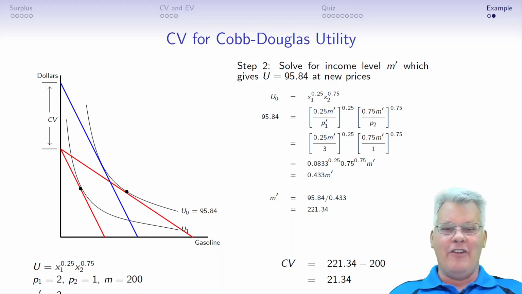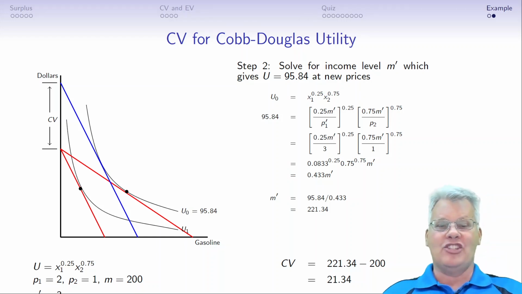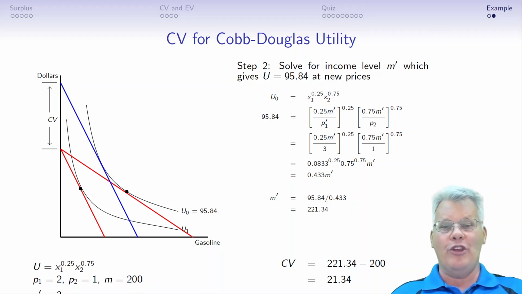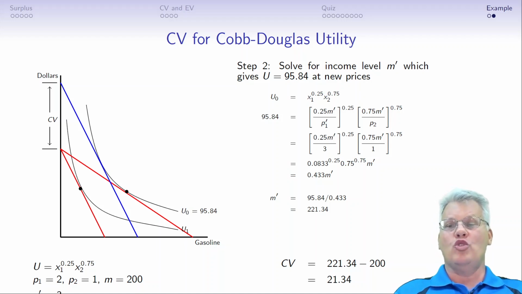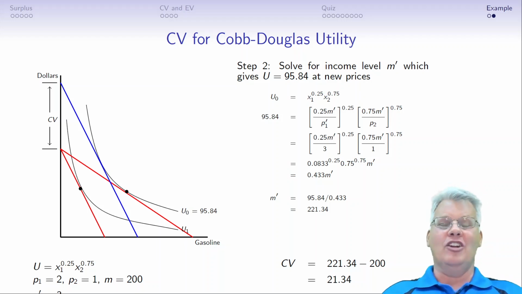So the compensating variation is this new level of income minus the original level of income. Compensating variation is $21.34. What this is saying literally is this consumer needs $21.34 of additional income to restore the original level of utility after suffering loss from the price increase.